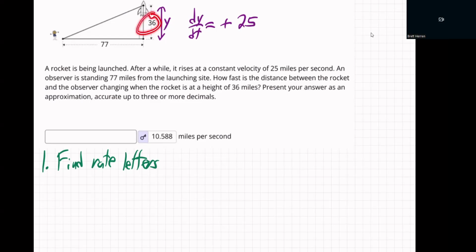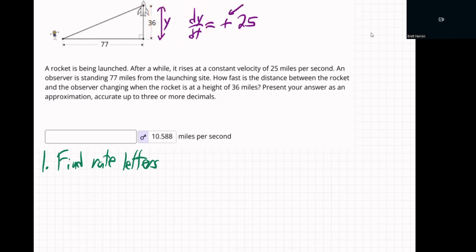Well, you got to keep track of the fact that it's a video, it's in motion, and then we freeze the frame. So the rocket's going up, up, up, up, and boom, we freeze the frame right there. So right then, it's 36 miles high. But you can still call it a variable because it's varying. The height is varying, it's going up, right? And so you can call it 36, you can call it y, they're both true. And they're telling me dy/dt is plus 25.